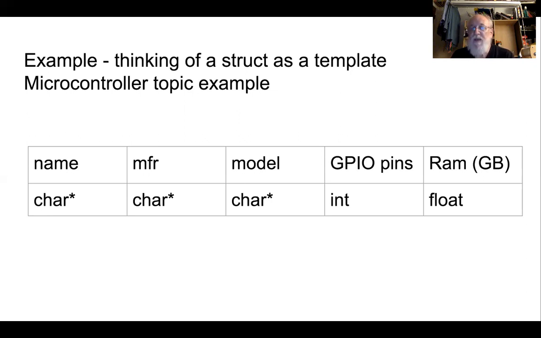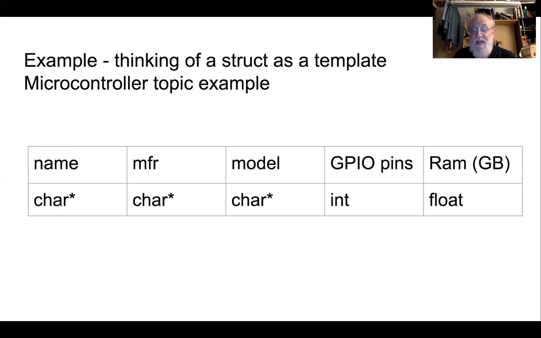For instance, the number of GPIO, general purpose IO pins, basically how many things you can connect to the microcontroller, because they're really good for controlling, lighting up LEDs, turning motors on and off, sensing things. Those all require that you connect to pins. And of course, there's the amount of RAM they have. They have surprisingly little RAM in some cases, as you'll see. So those are the attributes. Those are the characteristics of a microcontroller, the ones I'm tracking. There are lots of others.